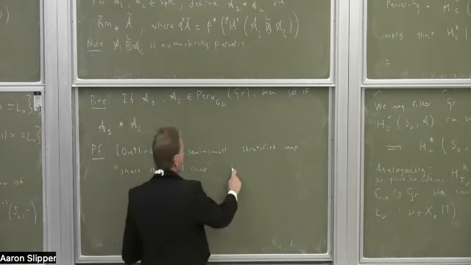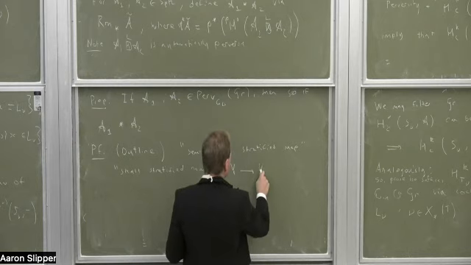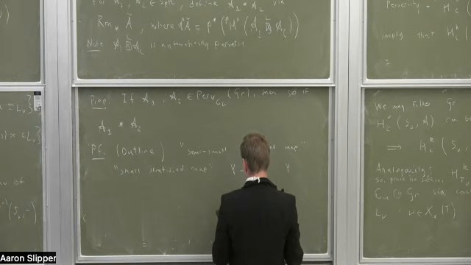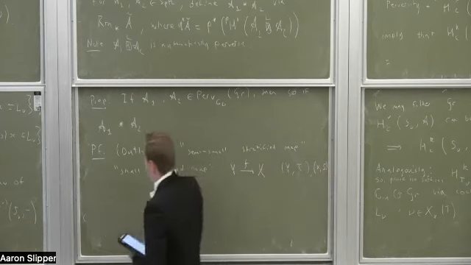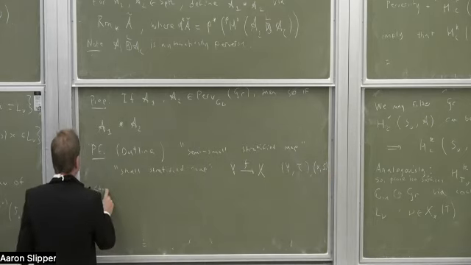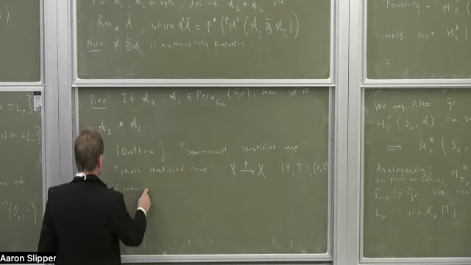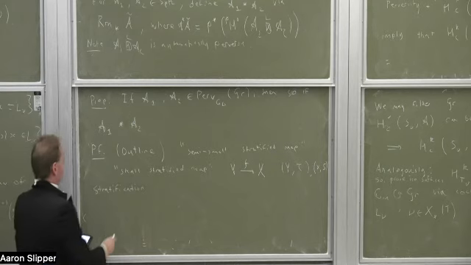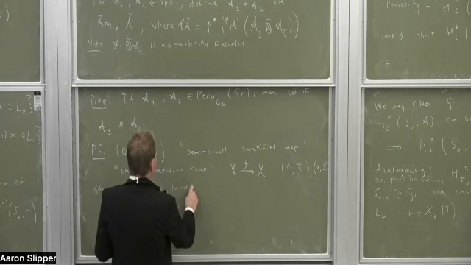So we have a map f from X to Y, and we have a stratification T on Y and S on X. And f is going to be simply locally trivial with respect to the stratification.